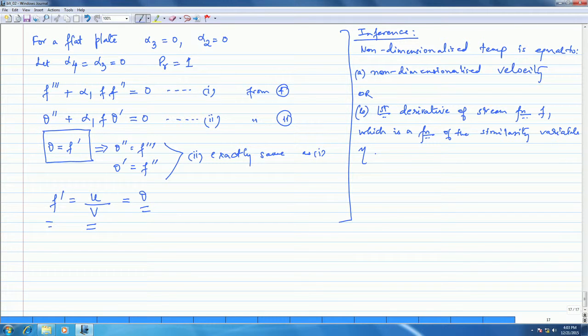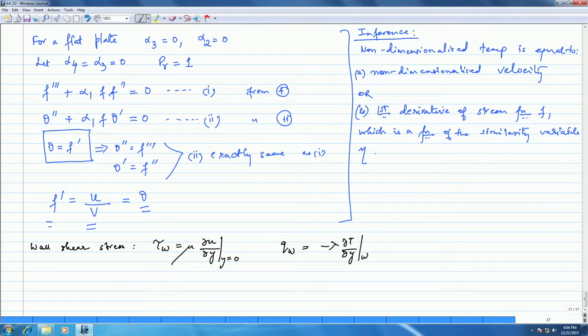So, now wall shear stress. The wall is at y equal to 0.